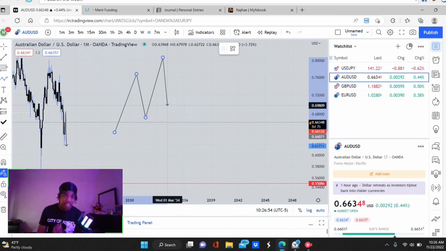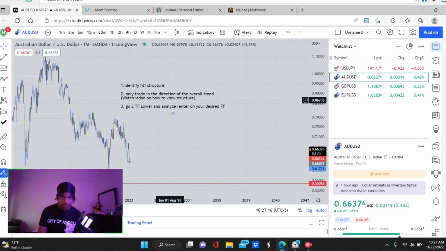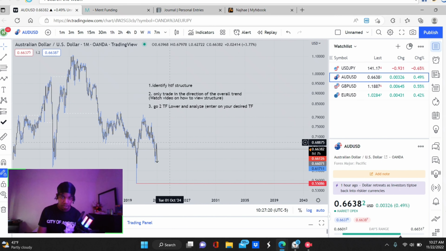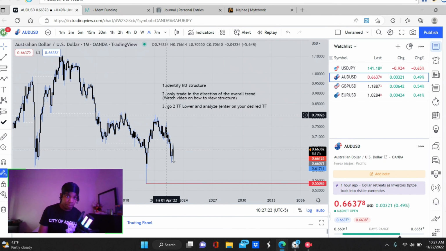But if price does pull back into the zone, that's when we can look for buys, or we can go on a lower time frame and find a shift of structure that breaks back bullish upwards, understanding that price does not have to go into a certain zone, and then we can trade bullish based on that. So that's why the rule for number two makes sense to me.